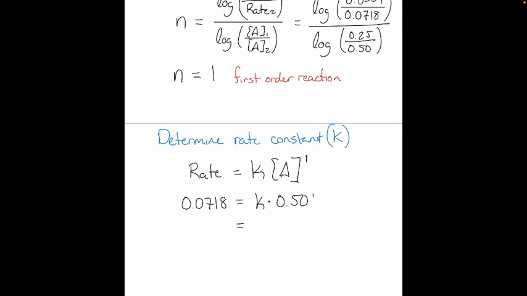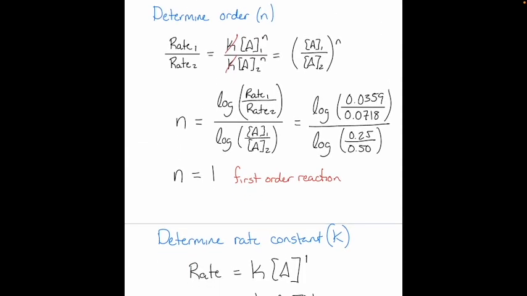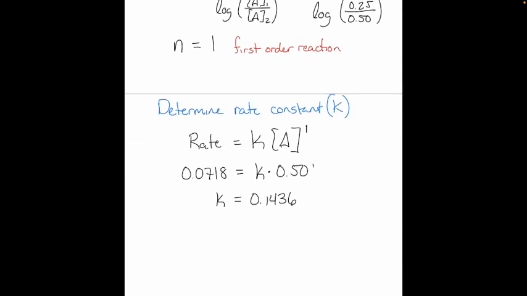Okay, divide both sides by that 0.5, and we get k is equal to 0.1436. All right, so that's how we fill in all that missing information from our rate law. We can determine the order by taking the ratio of two data points, and plug everything back in to get our rate constant k.